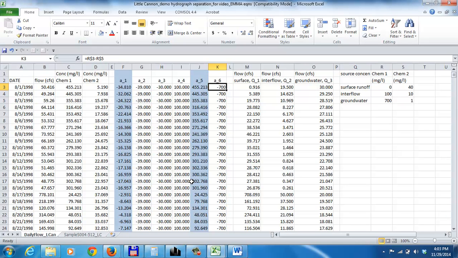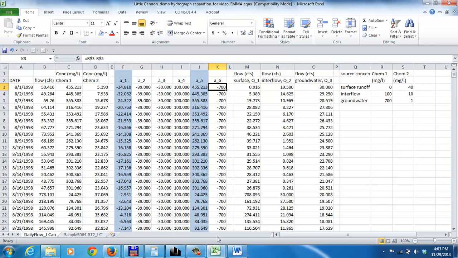The concentrations are in milligrams per liter. You can see that they are distinct from each other, so these sources do have distinct chemical characteristics. Columns M through O are already calculated discharges, so I've already filled that all in. I'm going to go through and explain how those were calculated.